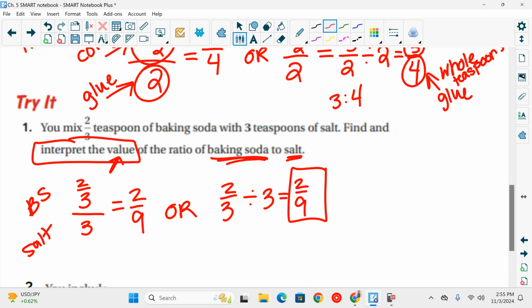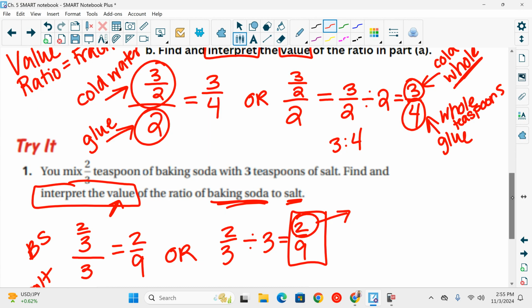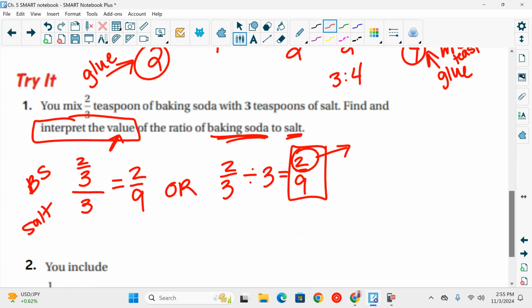Okay, so let's see what it represents, and see if we agree. I've got 2, and my notes back here say it represents wholes. Going back to my fractions, the 2 represents baking soda, and I had teaspoons. So I'm going to say it represents 2 whole teaspoons of baking soda.